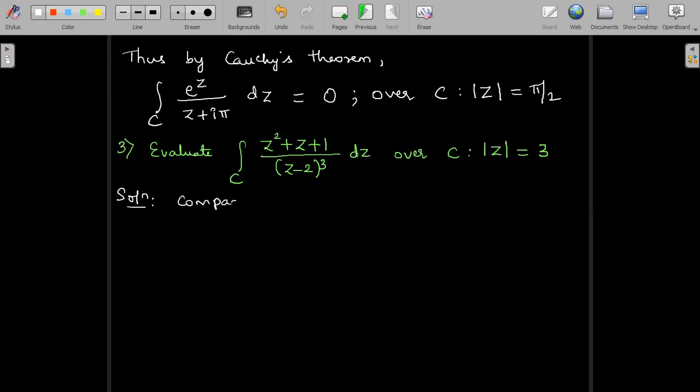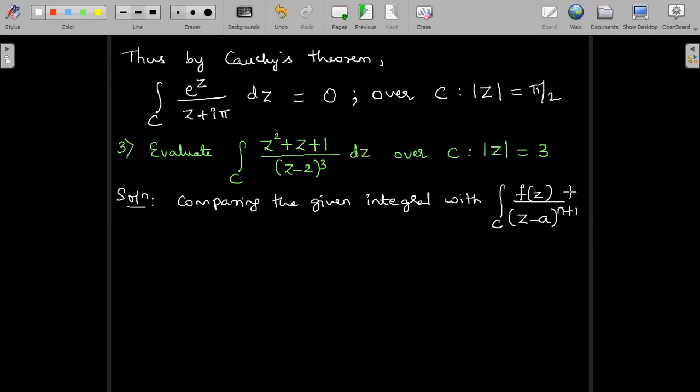Comparing the given integral with the integral over C of f of z divided by (z minus a) whole power n plus 1 dz, we can compare and write down everything. First, the numerator: f of z is equal to z square plus z plus 1.